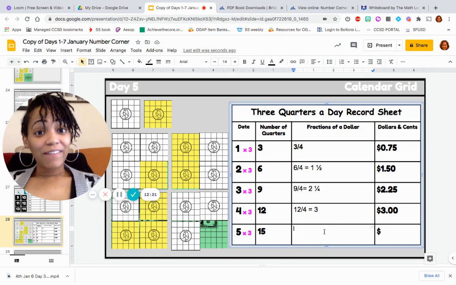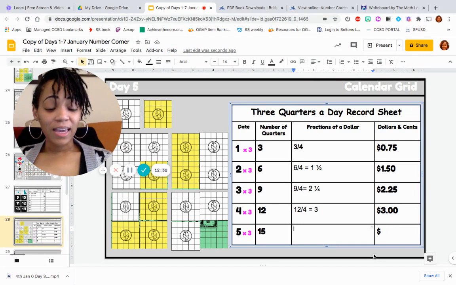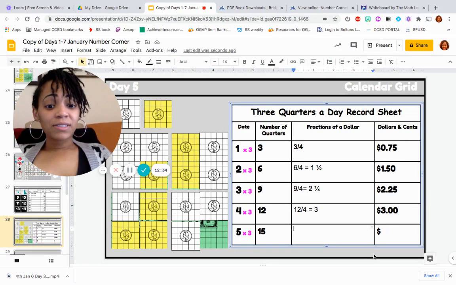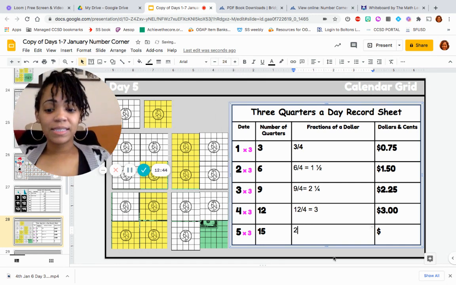Okay, that brings us to our 5th day of school, which is today. And we have 15 quarters, which is how much money? I'm going to give you a second to think about it. You ready? Okay, so how do I write this as a fraction? 15 fourths, which is like me saying 15 divided by 4 in essence, okay? And so what would I get if I did that?